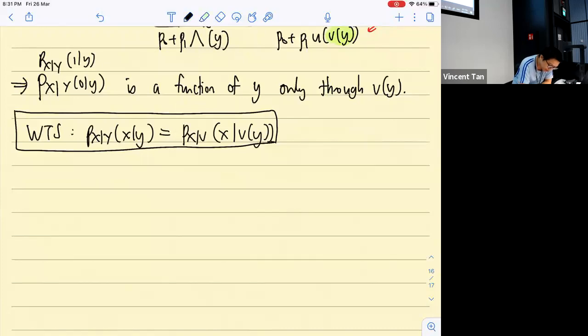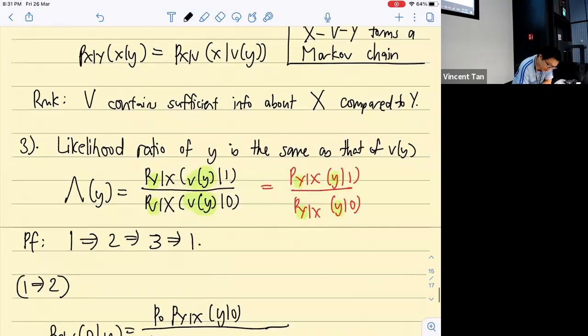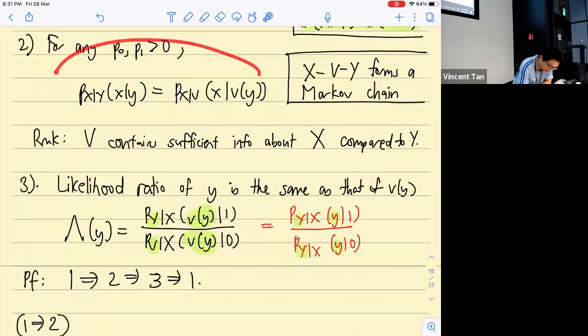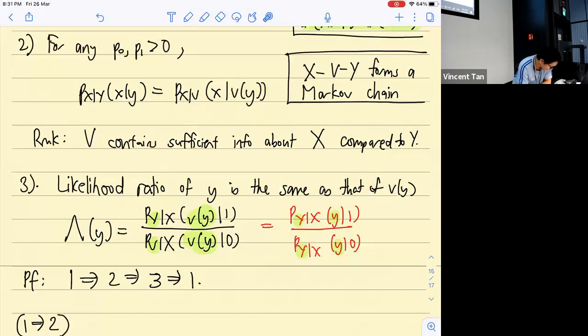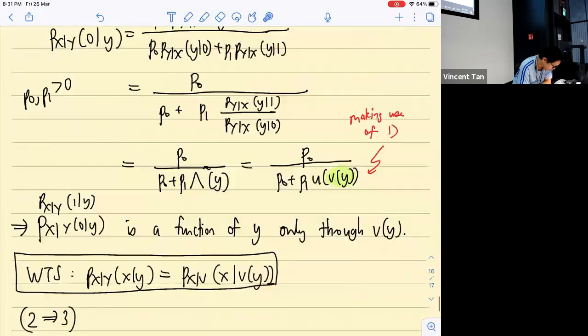Okay, so now let's go from 2 to 3. That's the next proof. We have this relationship here, and we want to show that the likelihood is the same as that of Vy. This is a matter of careful calculation.